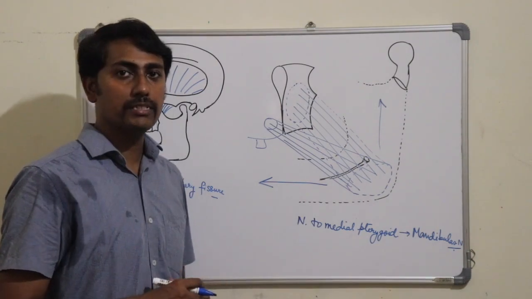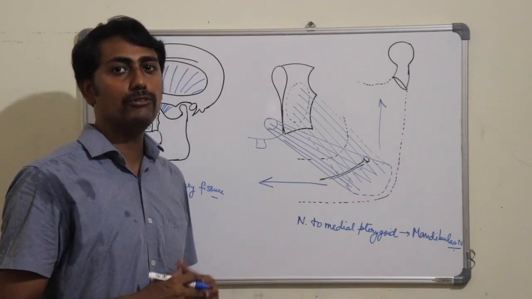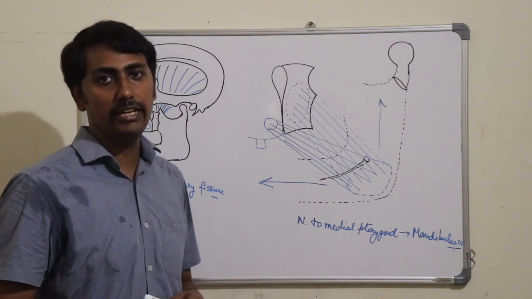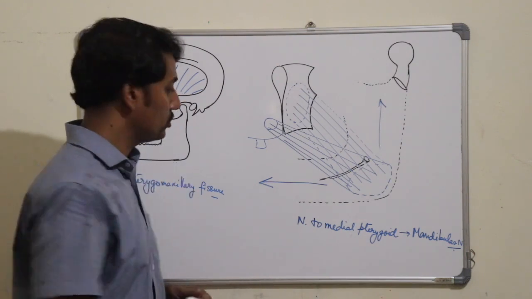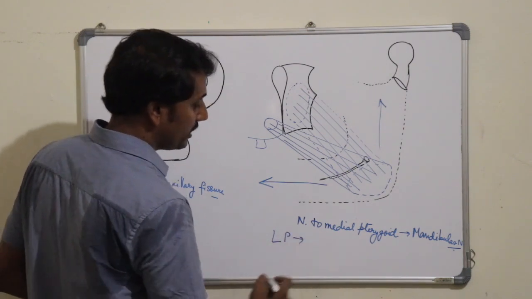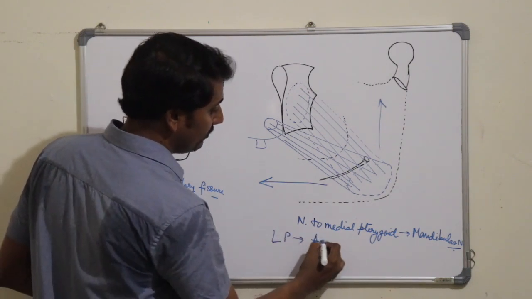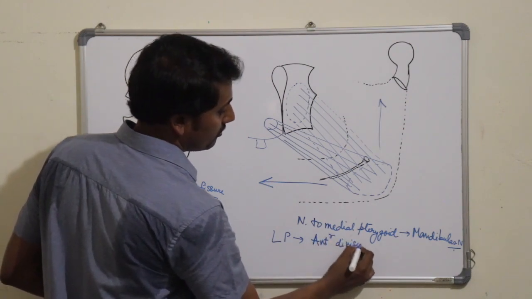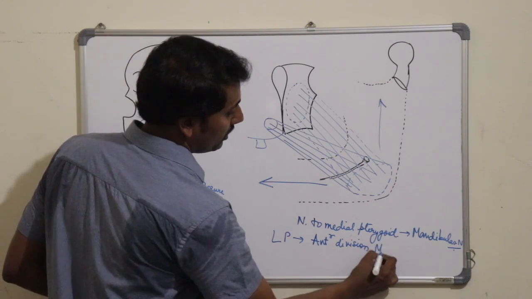And the lateral pterygoid muscle was supplied by the nerve to lateral pterygoid, which is a branch from the anterior division of the mandibular nerve. So the lateral pterygoid was supplied by the anterior division of the mandibular nerve.